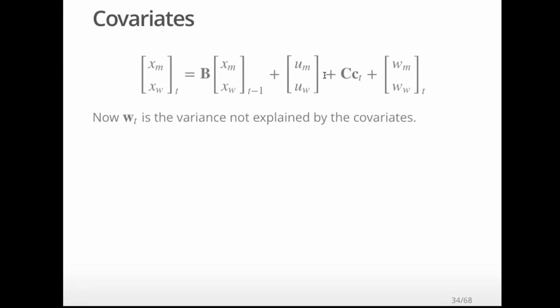And in the chapter, you can include those in the model, and you will see that once you include those, you then get a B matrix that looks like what you would expect, i.e. the moose have a positive effect on the wolf and the wolves have a negative effect on the moose. All right, so that's kind of a little toy example that's in the chapter. You can just look at that if you are interested in estimating species interactions.